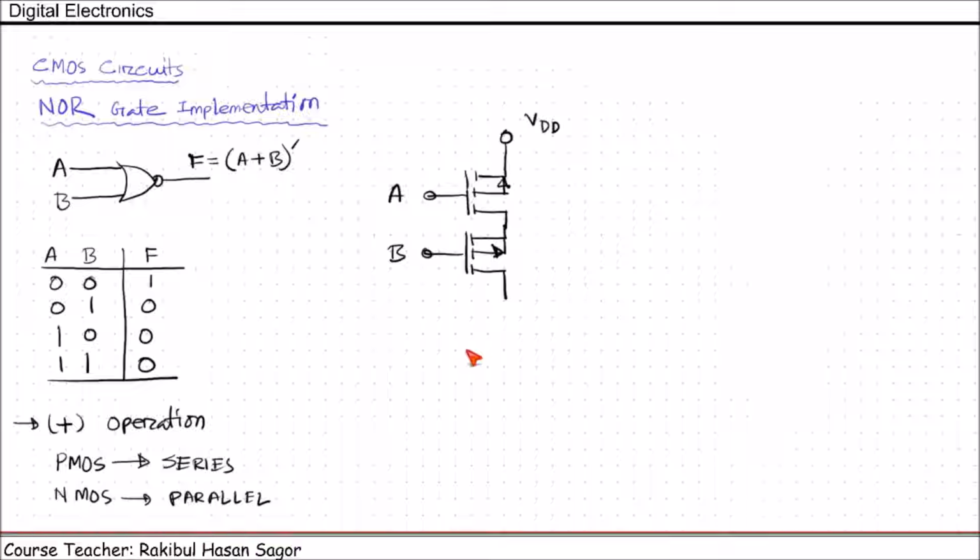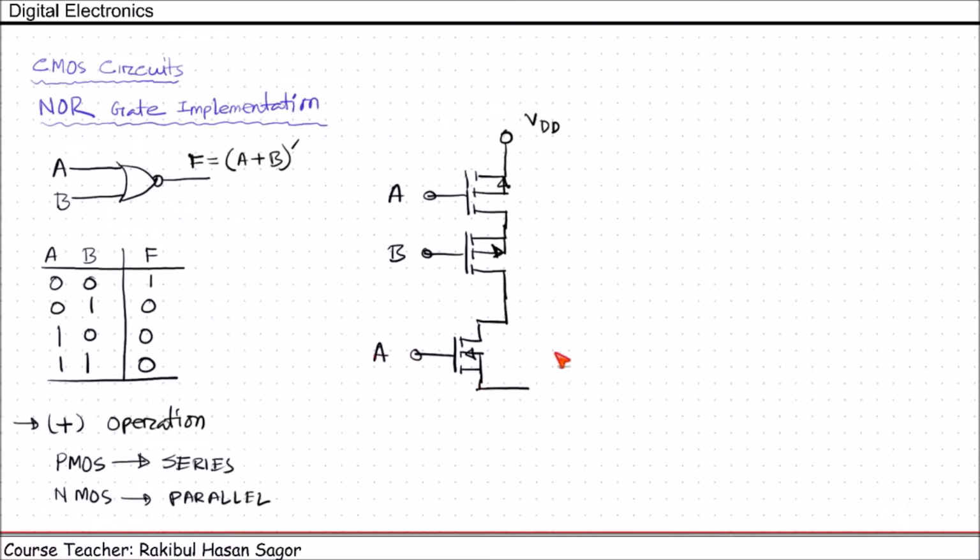Now in pull-down network, we'll be using NMOS, as we have OR operation, so NMOS, they will be connected in parallel. Let us draw the NMOS. This NMOS will be connected in parallel. We need just another NMOS, B, and this other side will be grounded.